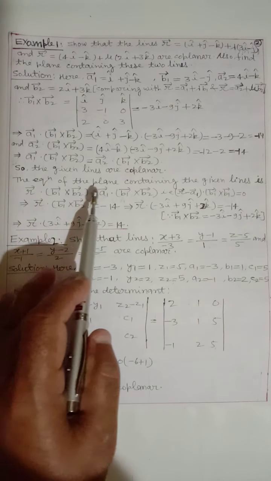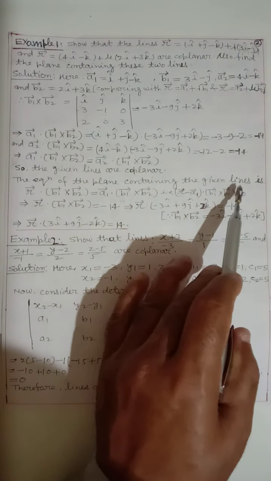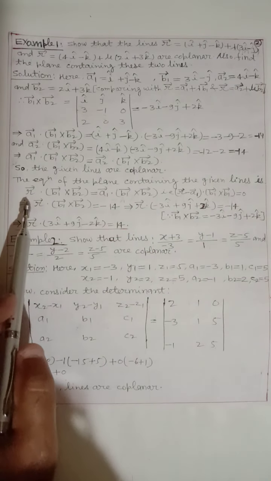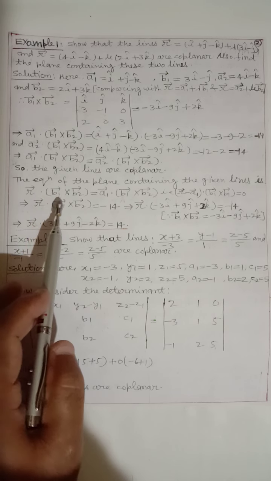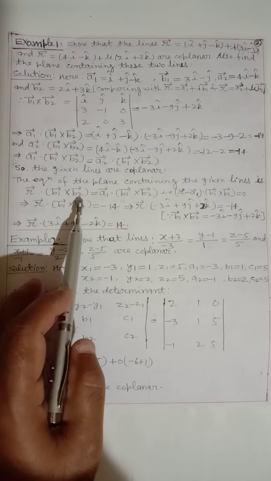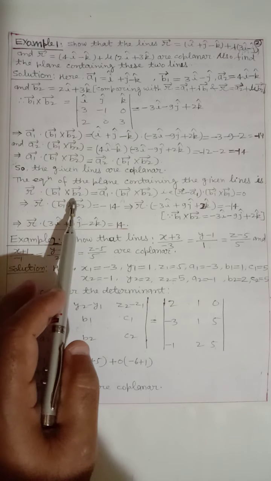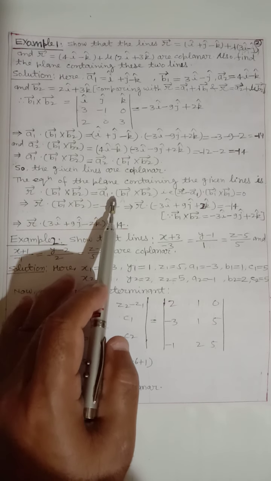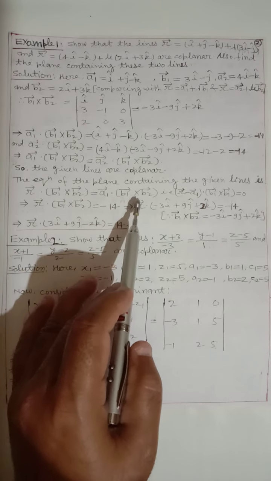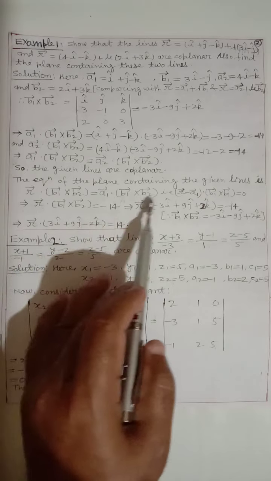The equation of the plane containing the given lines is vector r dot vector b1 cross vector b2 equals vector a1 dot vector b1 cross vector b2.